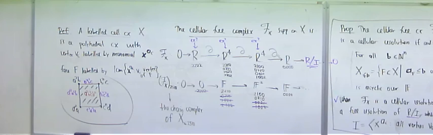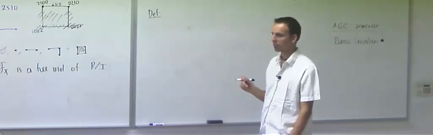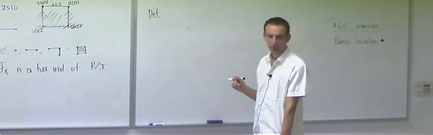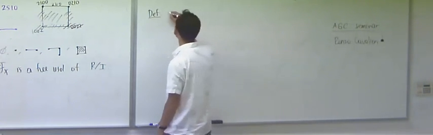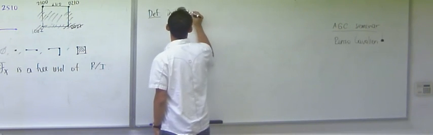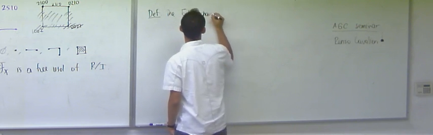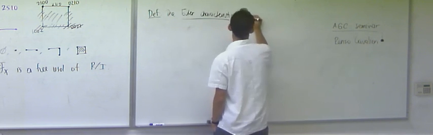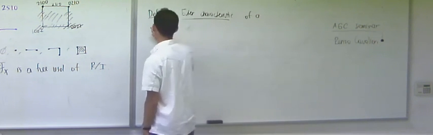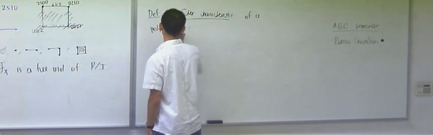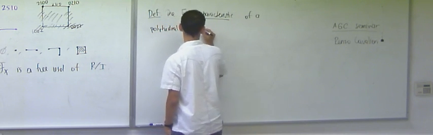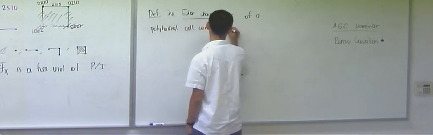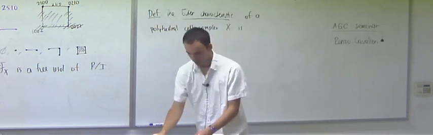So before we do that, let me talk about another definition. It's a definition that you might be familiar with, at least in some version, which is the definition of Euler characteristic. So the Euler characteristic of a polyhedral cell complex X is the following thing.